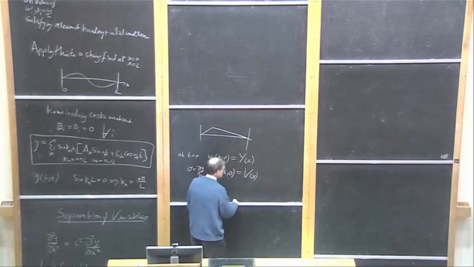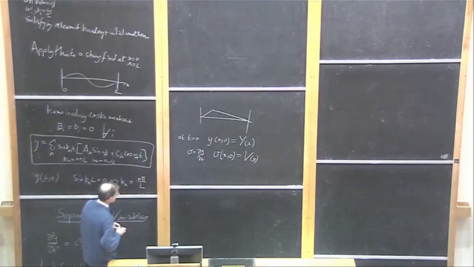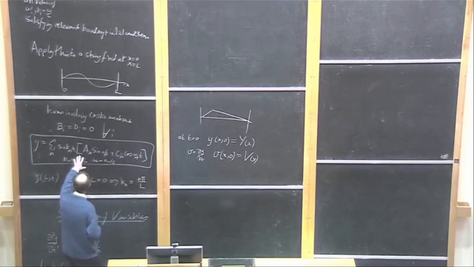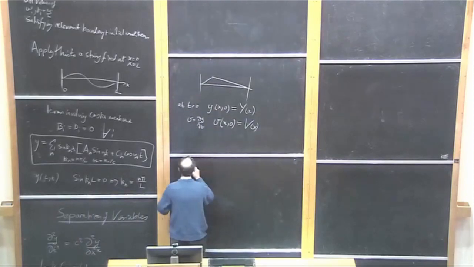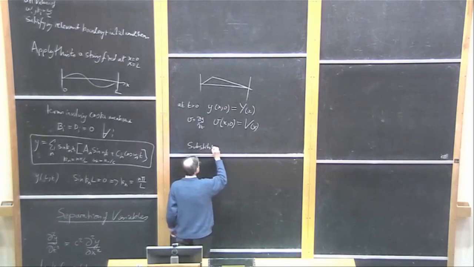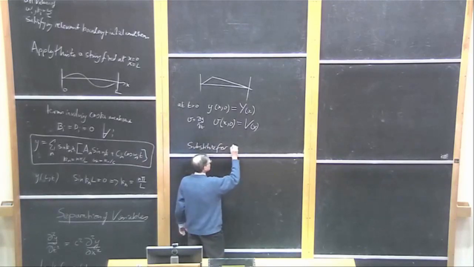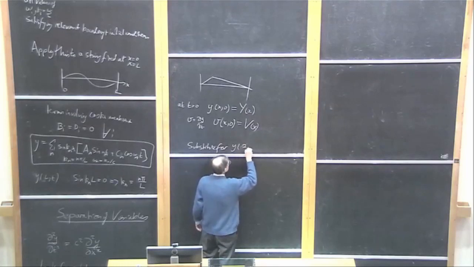So just as in the problem we were looking at yesterday, we have given functions for y of x and v of x. So let's put t equal to 0 and see what happens.